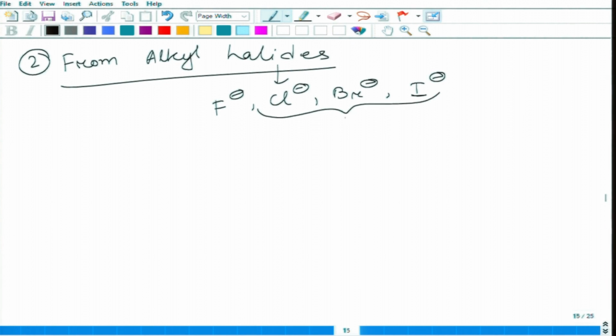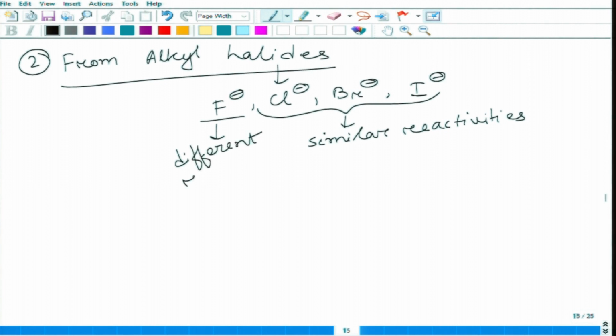Chloride, bromide and iodide have similar reactivities, and fluoride has different reactivity. So, halides are collectively denoted by X.